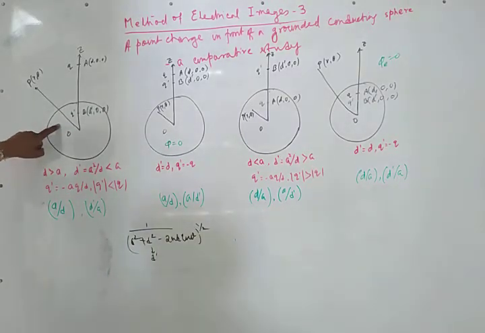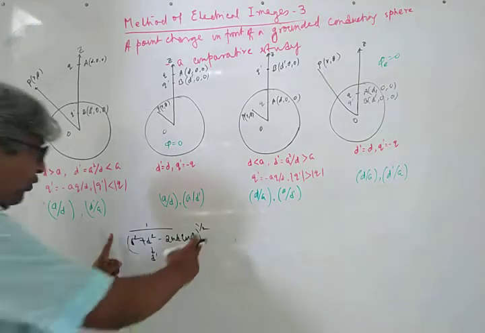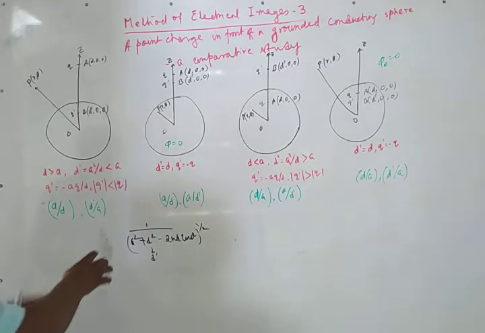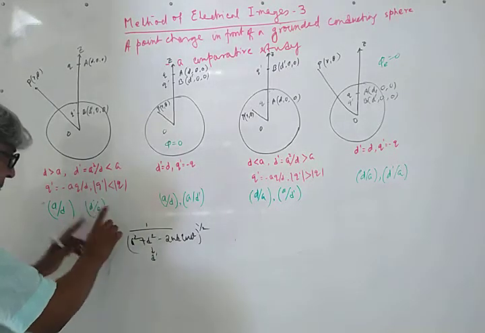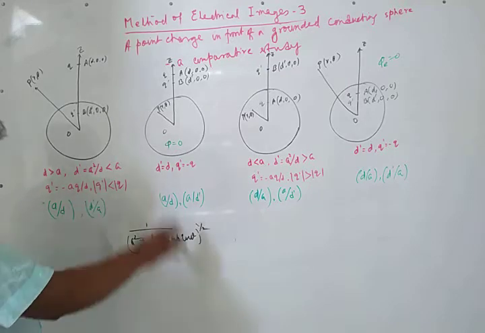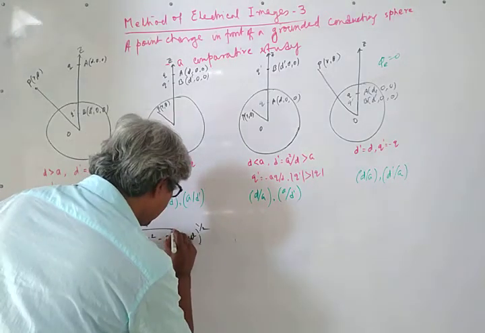On the surface of the sphere, a is small, d is greater, so such a term will be expanded in power series of a by d. And for the image charge, d prime is smaller than a, so the other term will be expanded in power series of this. Let me write it.